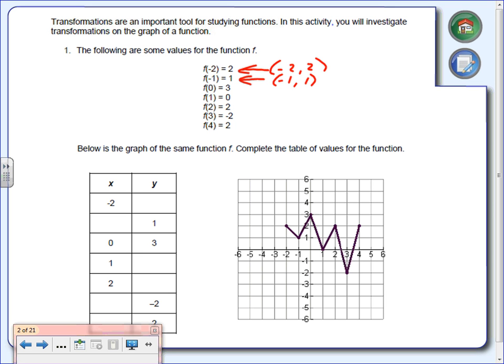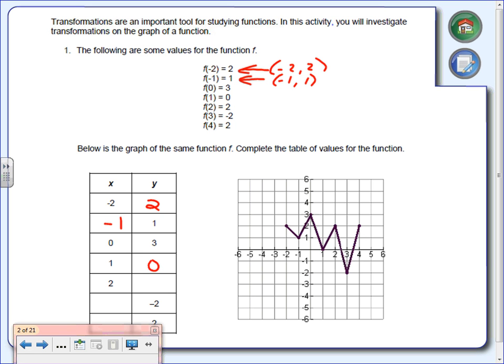So what we're going to do is turn all of these into ordered pairs. As a matter of fact, we're going to put all of these ordered pairs in this table that they've given me. So as you already said, the first ordered pair would be negative 2, 2. So let's put that in the table. The next ordered pair would be negative 1, 1. The next one is 0, 3. The next ordered pair would be 1, 0.